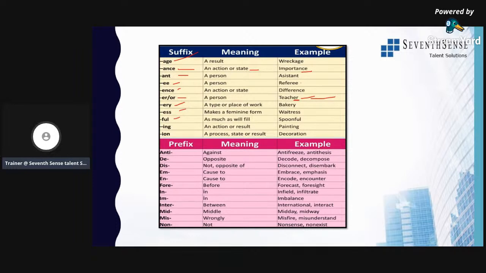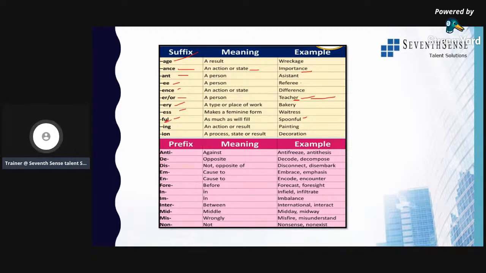Full, like successful, means full of something, like a spoonful, where the spoon is full of water. Stressful is a person who is full of stress.